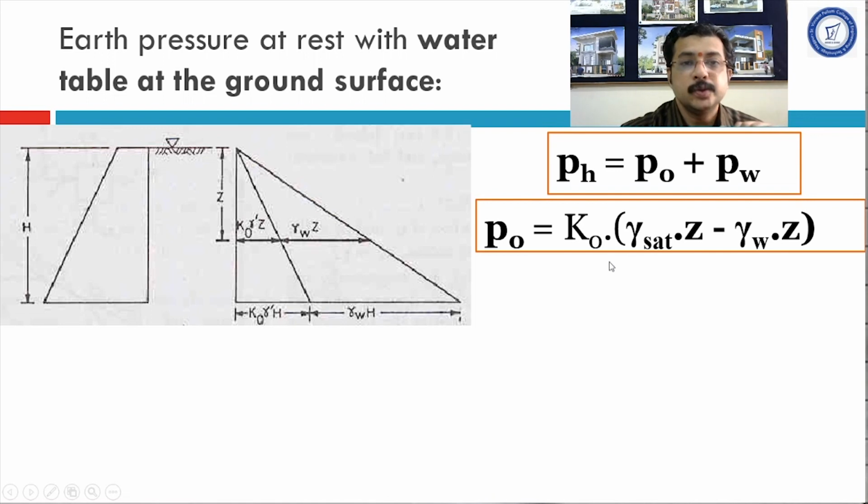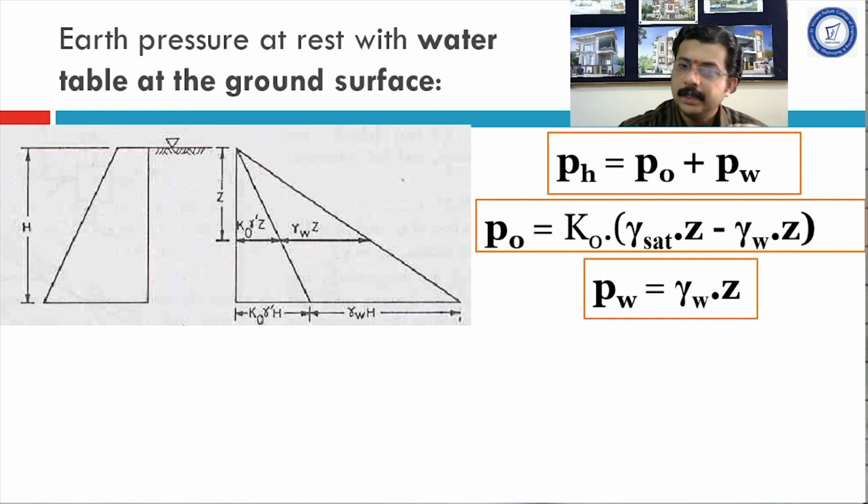Hence, what do we need to do? When we speak about the earth pressure exerted by a granular material, we have to consider its submerged unit weight. So submerged unit weight would be gamma saturated multiplied by Z minus gamma W multiplied by Z. So this is nothing but gamma submerged multiplied by Z.